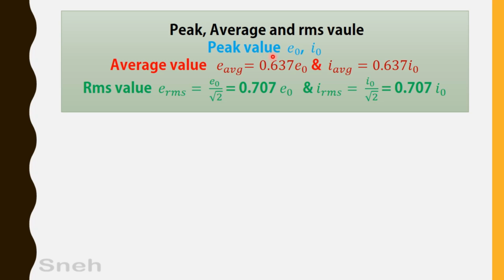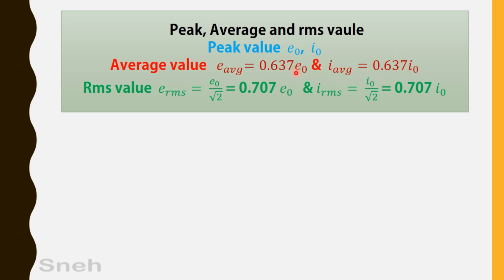Peak value for EMF is E0 and for current is I0. These are peak values for alternating EMF and alternating current. Then average value, which we have studied, that E average is equal to 0.637 E0, and I average is 0.637 I0. The 0.637 factor is constant here. What is changing?